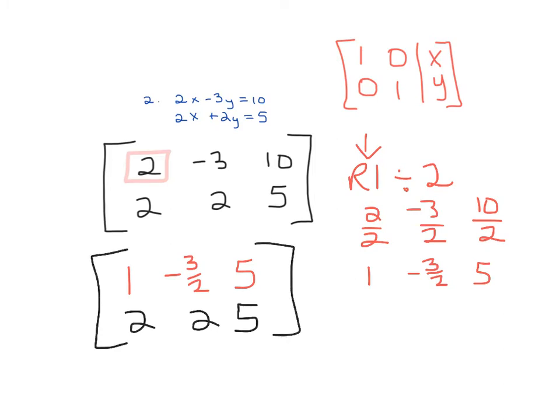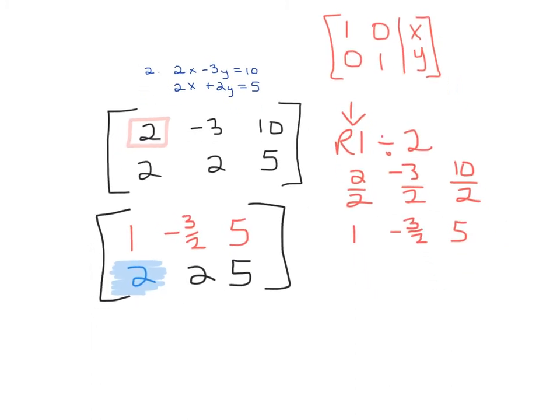Now that I've got the 1, I work column down. So now I need to change the 2, and make it become a 0. Again, to transform the number to a 0, we multiply the pivot row and add it. So I'm going to take row 1, multiply it by negative 2, and add it to row 2.